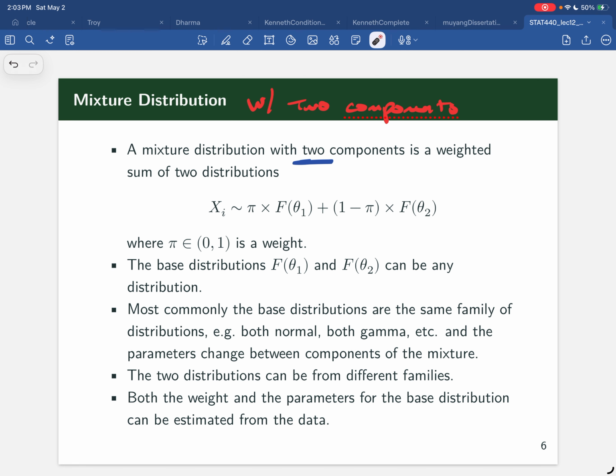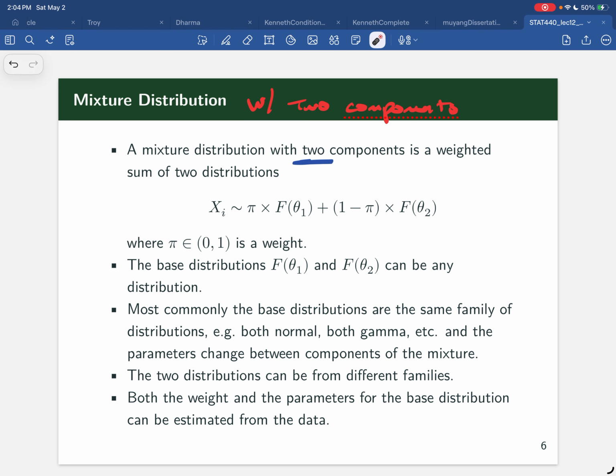What we're going to say is that x has a distribution, and remember the squiggle says is distributed as, pi times f1 plus 1 minus pi times f2, where pi, between 0 and 1, is a weight.